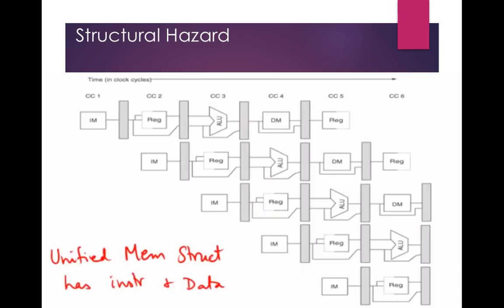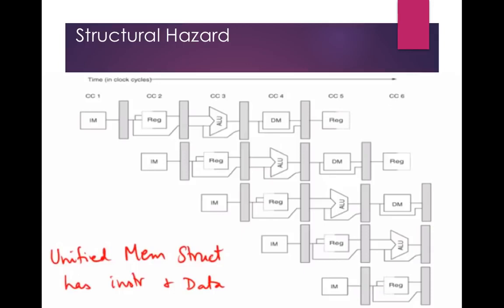So these are the five stage pipeline. Here from the diagram you can see the memory is used at clock cycle 1 and also at clock cycle 4, and similarly the register is used at clock cycle 2 and at clock cycle 5.